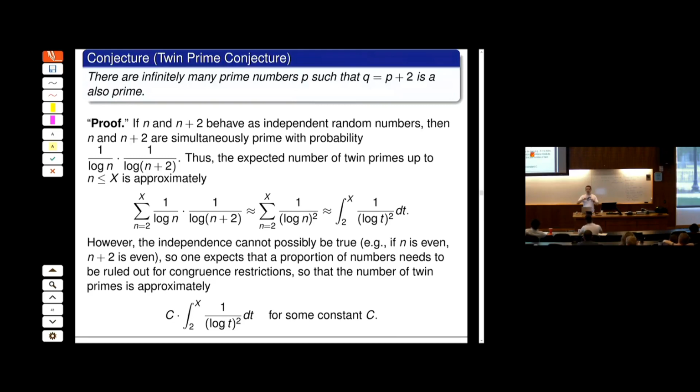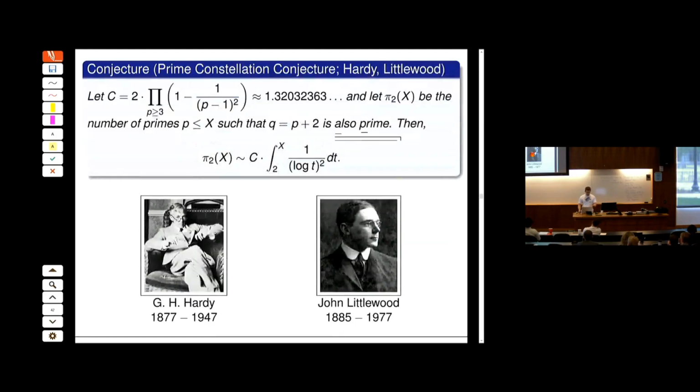But you can actually do that and come up with a constant that fixes this problem, and some proportion of this asymptotic will be twin primes. And this is something that was done by Hardy and Littlewood. They have a much bigger conjecture called the prime constellation conjecture.